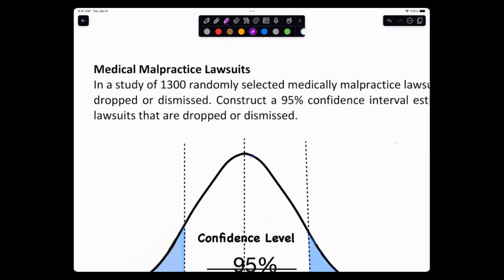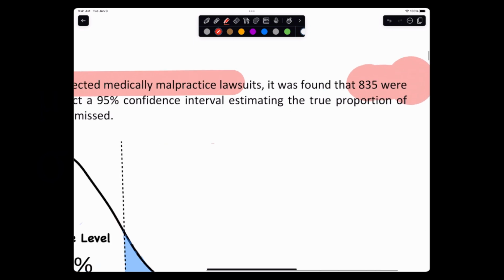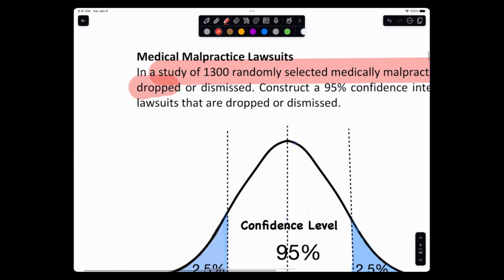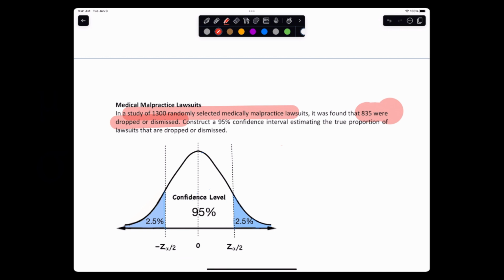In a study of 1,300 malpractice lawsuits, 835 were dropped or dismissed. Out of 1,300 lawsuits, 835 were dropped or dismissed. Thrown out. That's what Trump wants, his case to be thrown out, and they didn't throw it out.